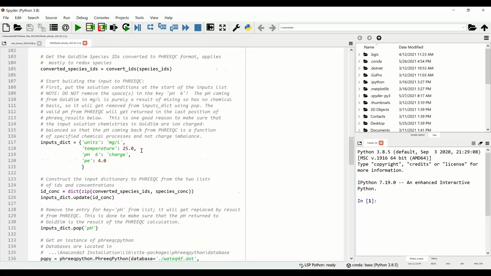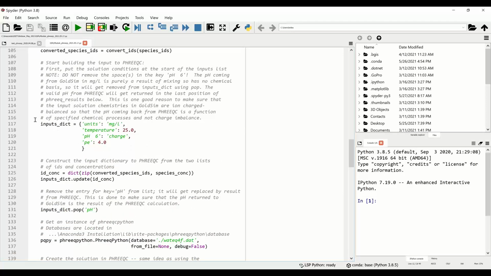If we scroll down a little bit farther, we can see in what's called this inputs dict, which is a Python dictionary, I'm starting to build the input to Phreeqc. So this is just a starting point. I put in the units, I put in the temperature, I've given it an initial pH, but I've also given it the designator of charge, because I want Phreeqc to calculate the charge based on the equilibria.